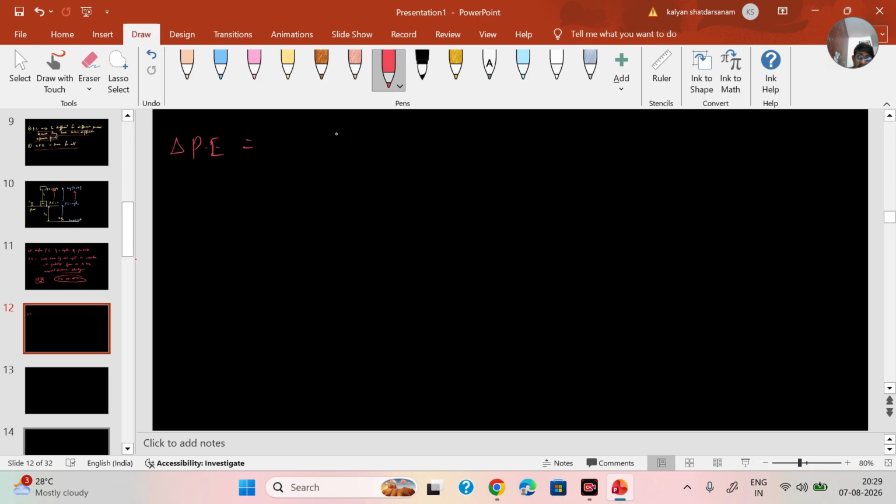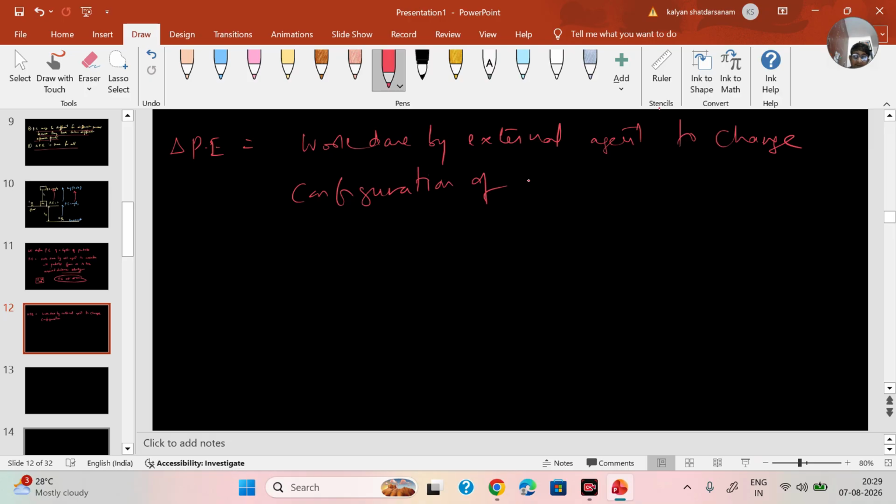Change in potential energy is the work done by an external agent to change the configuration of the system slowly. Configuration means arrangement of particles and so on.